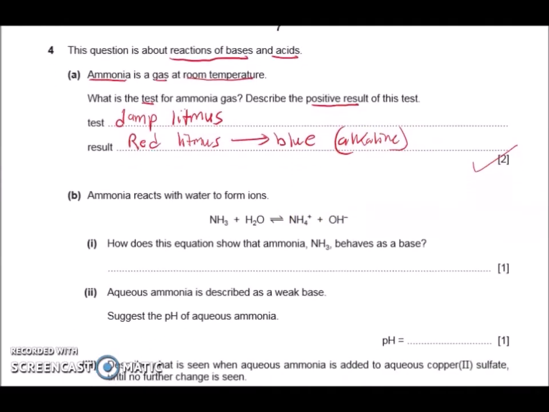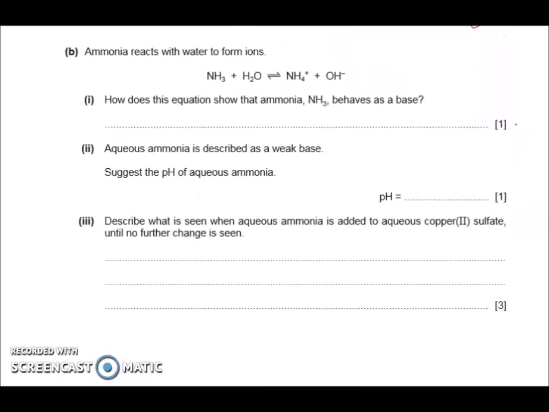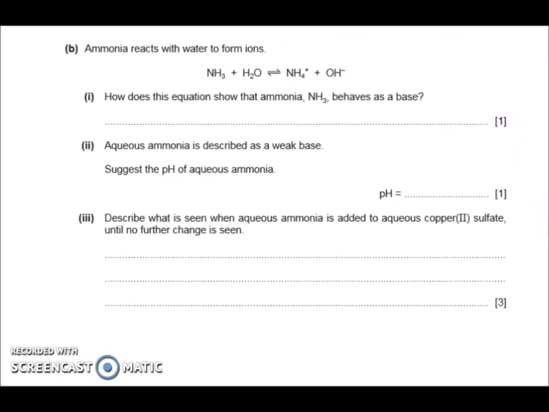Okay, let me scroll down. Okay, for B, ammonia reacts with water to form ions. So the equation, if you notice here, this part, ammonia becomes ammonium ion. So how this happens is it accepts a hydrogen ion to become an ammonium ion.